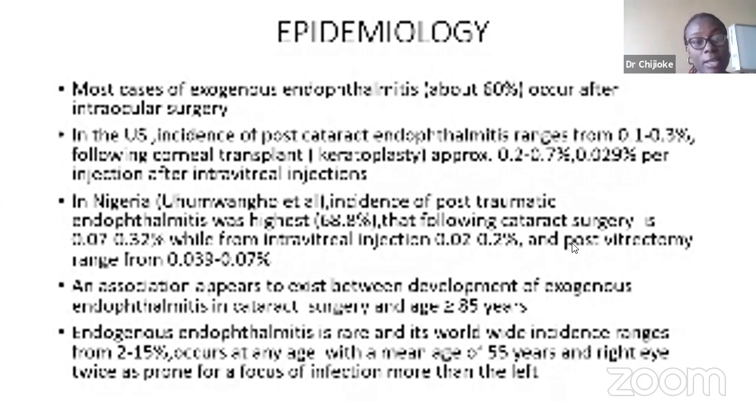A study here in Nigeria conducted by Ukwango et al. found the incidence of post-traumatic endophthalmitis was highest, 68.8%, and more in males, and that following cataract surgery, 0.07 to 0.32%, while that from intravitreal injection, 0.02 to 0.2%, and post-vitrectomy ranges from 0.039 to 0.07%.